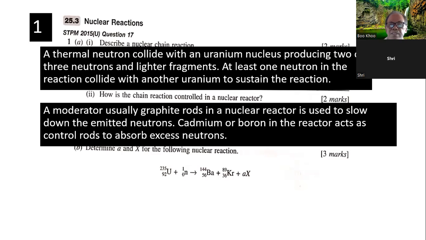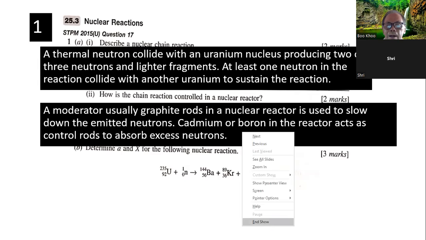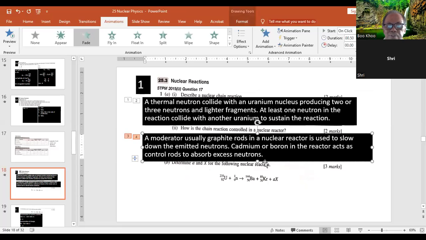Cadmium or boron in the reactor act as a control rod to absorb the neutron. Why do we want to absorb the neutron? To control the chain reaction.